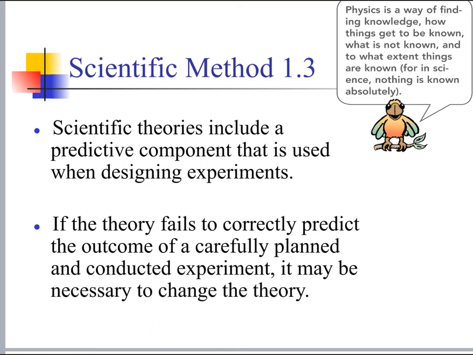We say that no object can move faster than the speed of light. That's a theory. It's a pretty well documented theory. But if someone is able to find a way to go faster than the speed of light, we would have to change Einstein's special relativity.